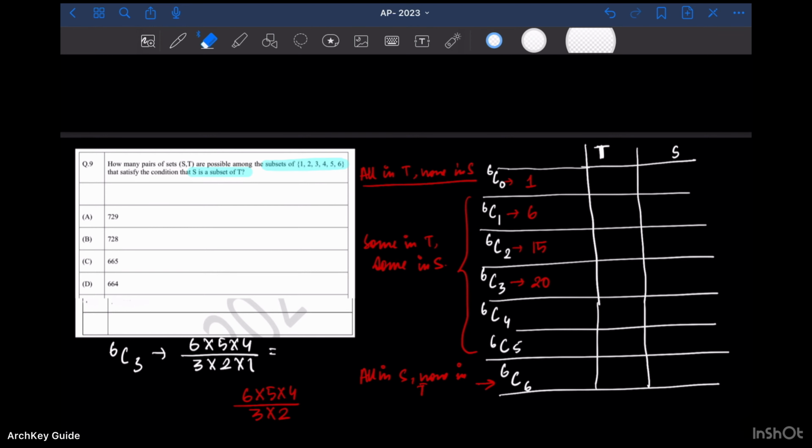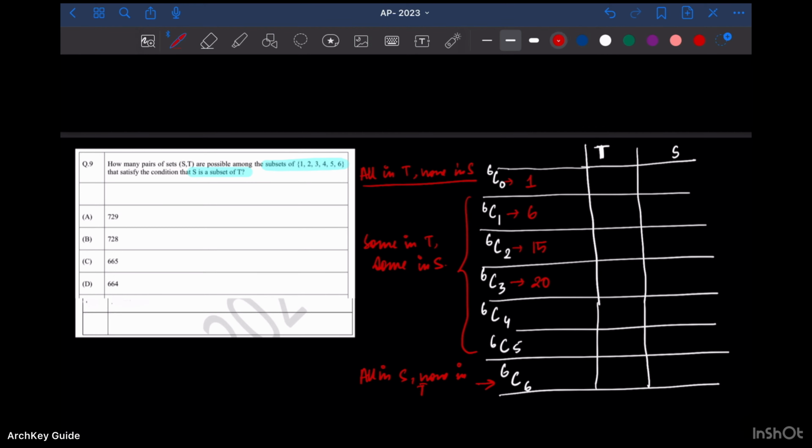Pause the video and solve it, and then check whether we are going on the same page or not. So 6C3 is done. Then we have 6C4. I'll start from 6 and end up till the fourth number, 6 into 5 into 4 into 3, and from 4 I'll start and end until 1.